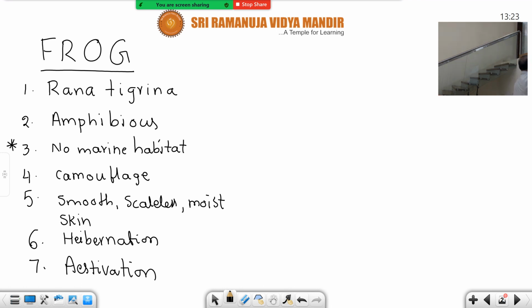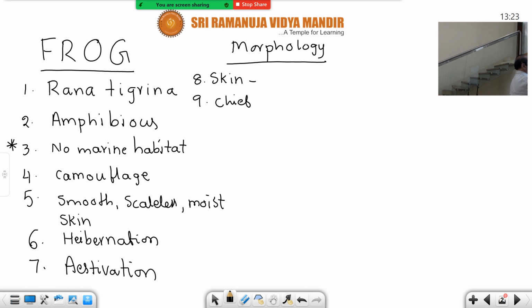Before morphology, let us take the skin of the frog. As far as the skin of the frog is concerned, we have already mentioned these points: smooth, scaleless and moist skin. And it is the chief respiratory organ also, not the lungs.